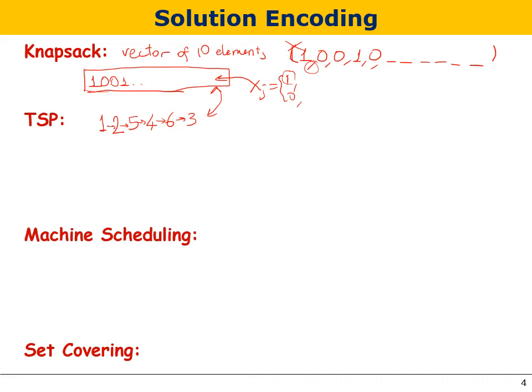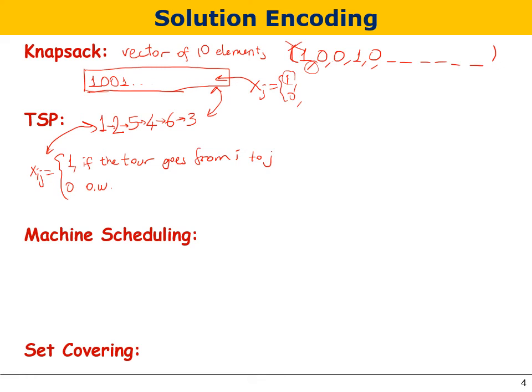But in the formulation of TSP, what was our decision variable in the mathematical model? It was a two-dimensional variable xij. It takes the value of 1 if the tour goes from city i to j, and 0 otherwise. But in this representation, we don't have anything to do with this decision variable.